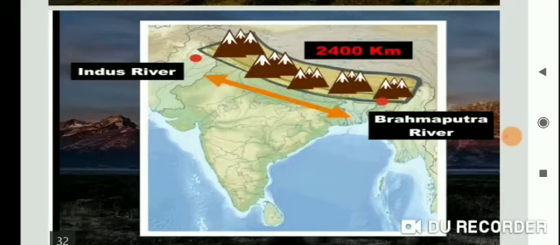These mountain ranges run in a west to east direction from the Indus river in the west to the Brahmaputra river in the east, and they form an arc which covers a distance of about 2400 kilometers.